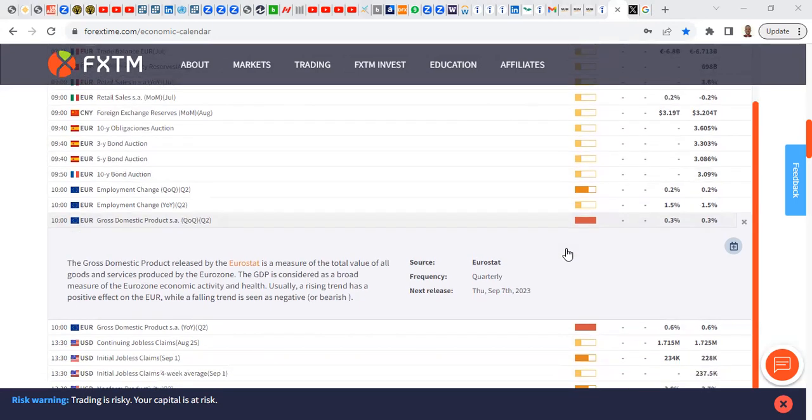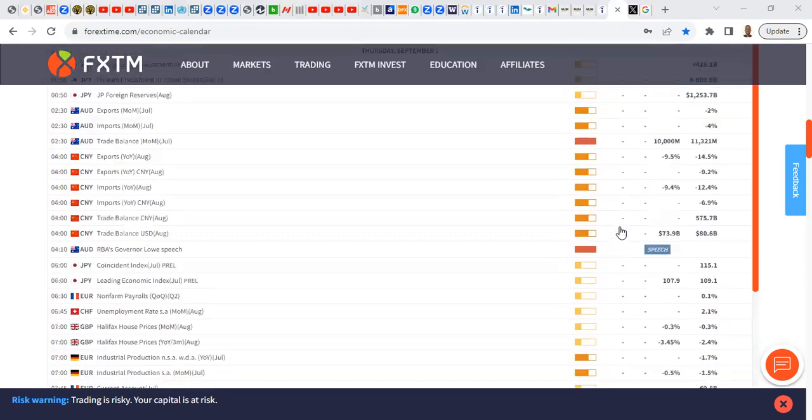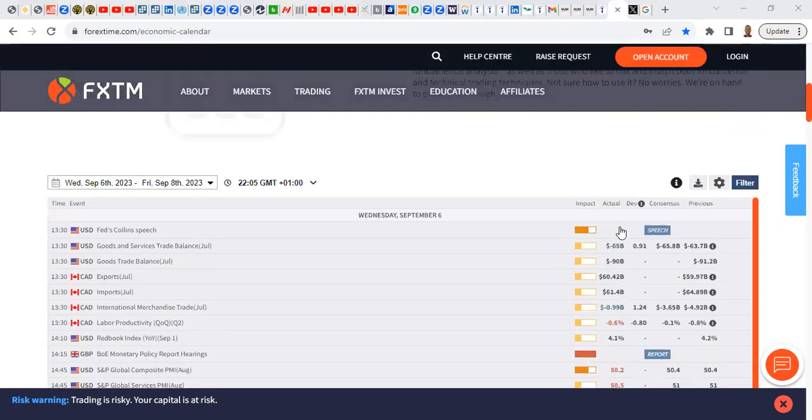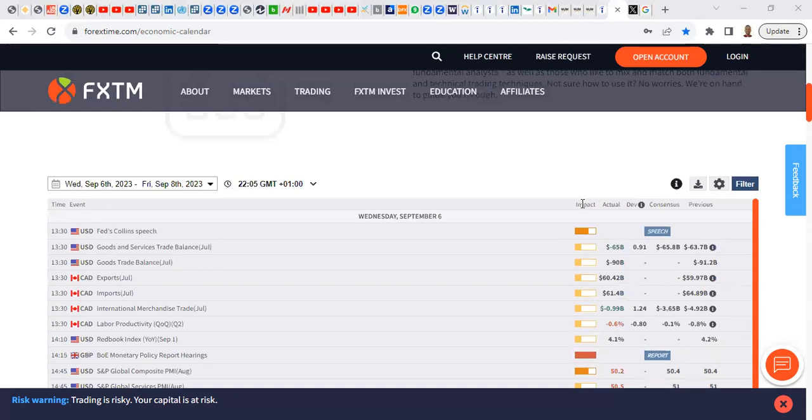Since we are using fundamental analysis, don't forget, if the actual value is more than the... Sorry, which value, sir? If you look at it this way, this is impact. This is for the economic calendar. This is the impact.